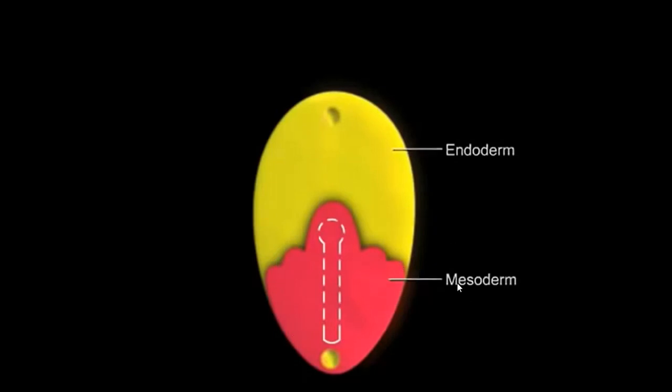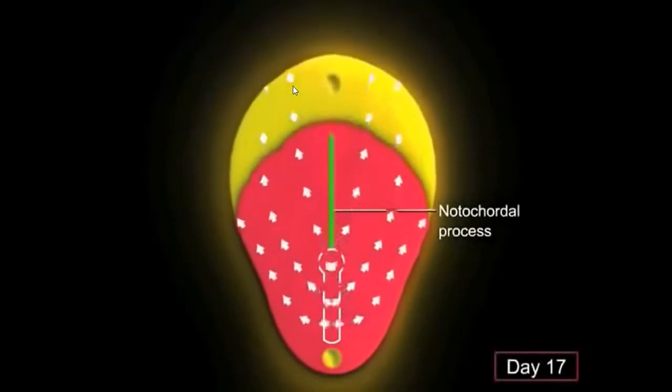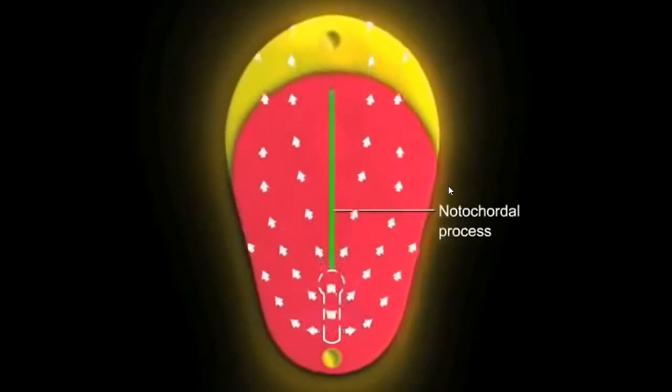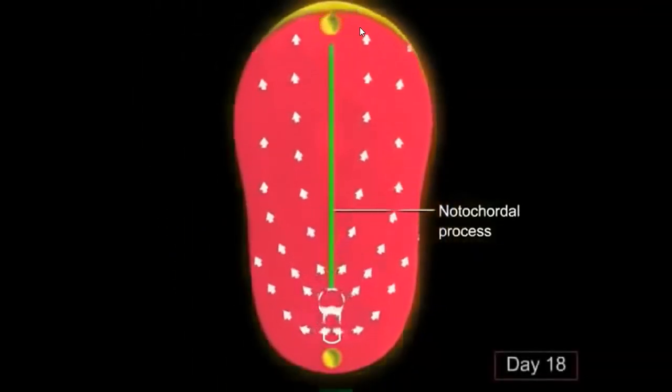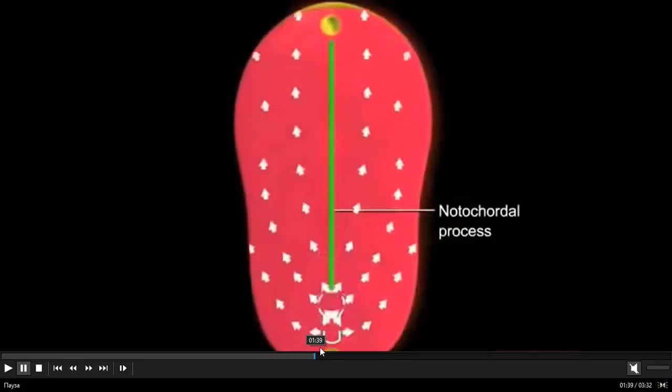The task of the mesoderm is to spread between ectoderm and endoderm. Along with the growth of the embryo, the mesoderm grows a little faster to cover all the embryo, and it covers everything up.